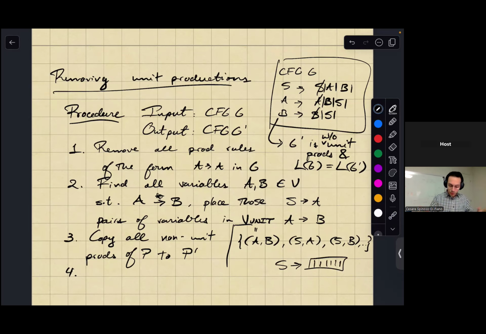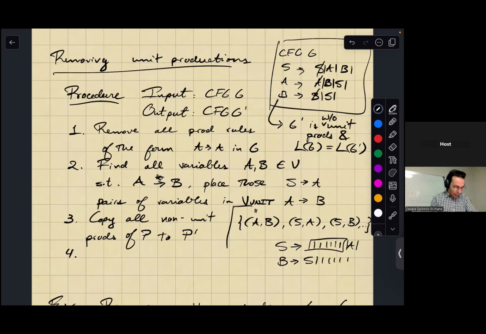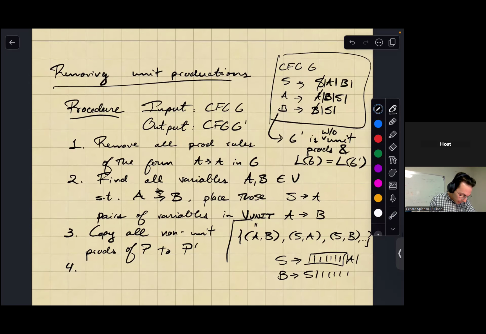So S has a bunch of production rules, and it also has the production rule, maybe A, right? And then maybe B has the production rule B gives you S directly, and it has a bunch of other production rules. And then maybe A has just a bunch of non-unit production rules, right?